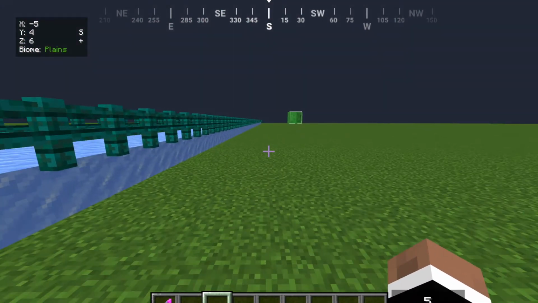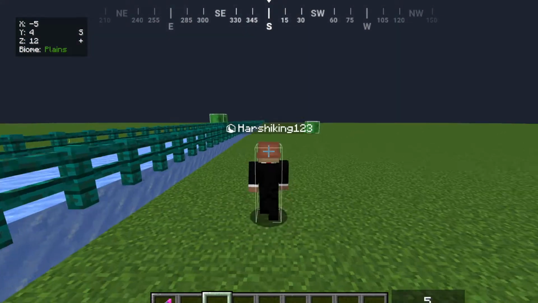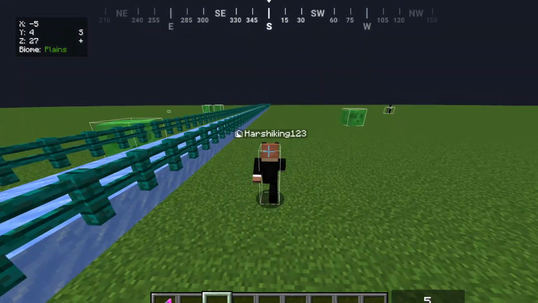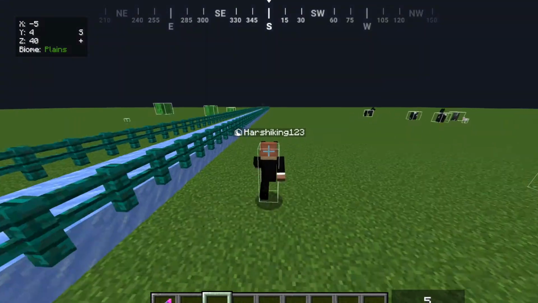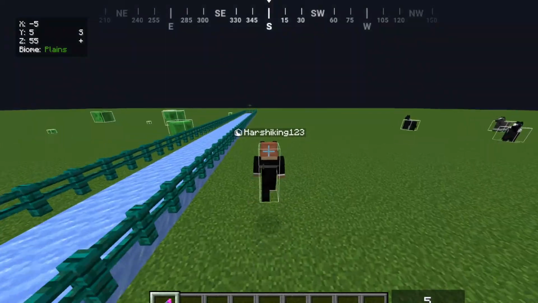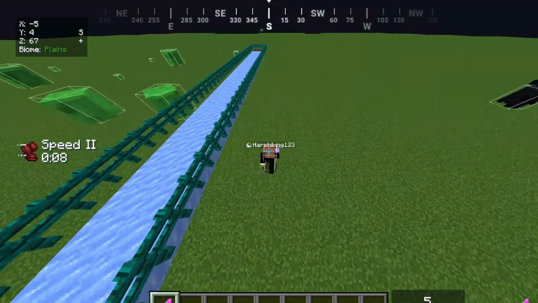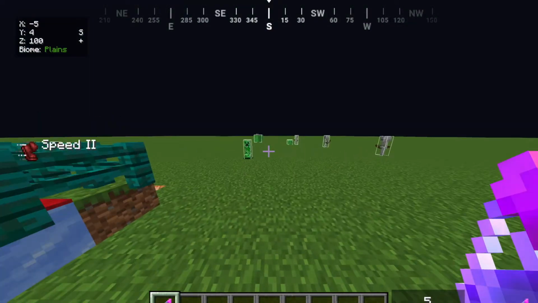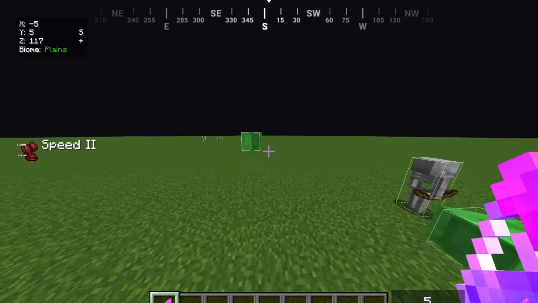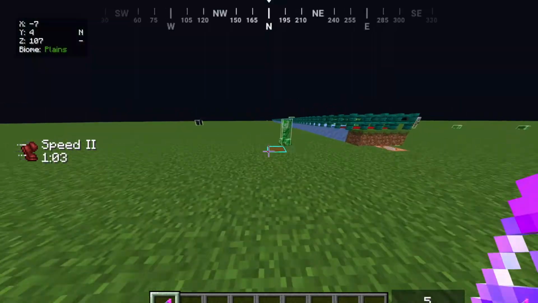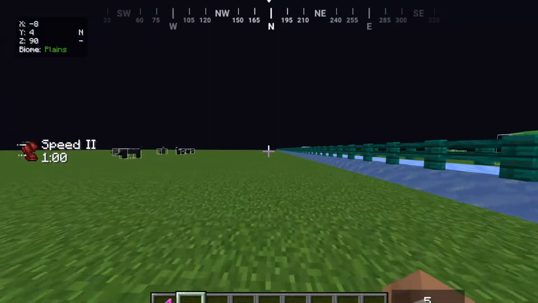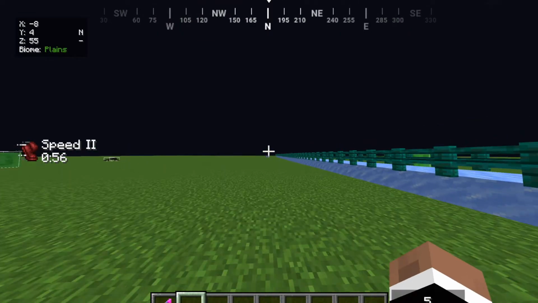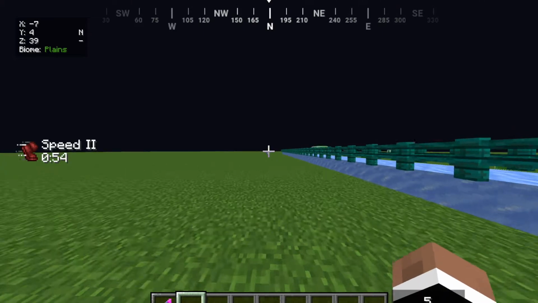So walking would have, let's stop sprinting, walking would have its own speed and velocity, and then sprinting would have its speed and velocity, and then sprint jumping would have its own speed and velocity, and then sprint jumping with speed 2 would give us a little bit faster speed or velocity, and then there's also just normal sprinting with speed 2, which is the fastest out of all of those.